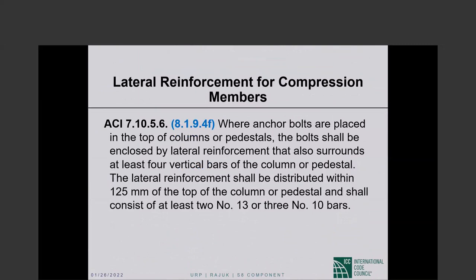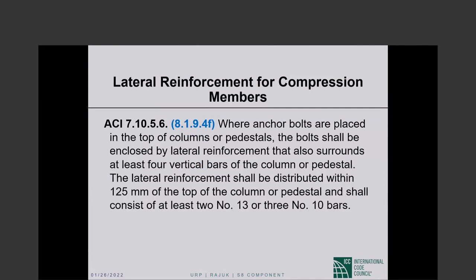This is something else where anchor bolts are placed in the top of columns or pedestals. Just pretty often, anchor bolts at the top of pedestals. The bolts shall be enclosed by lateral reinforcement that also surrounds at least 4 vertical bars of the column or pedestal.